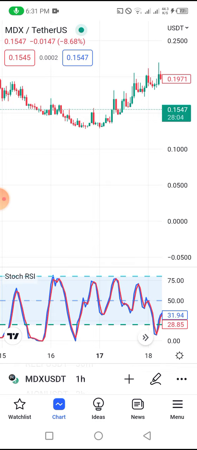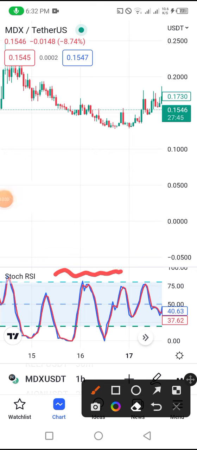Now, when you find a scenario where the two lines are above the upper band, let's say they're already within this region here, it means that particular coin would have been overbought.